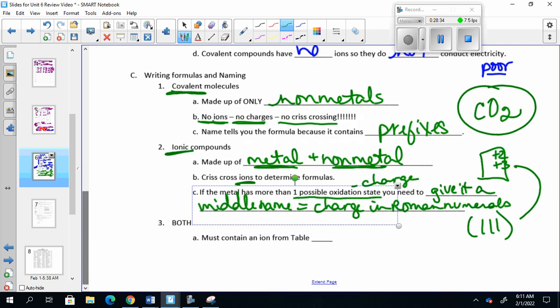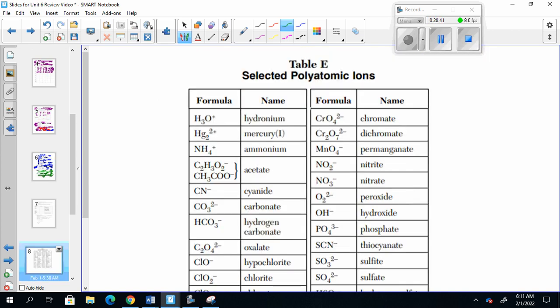Okay, if they have both, then they must contain an ion from table E. So here's table E. These are our polyatomic ions. So multiple atoms forming ions. So all of these have a charge. They also have names. You do not change the names.